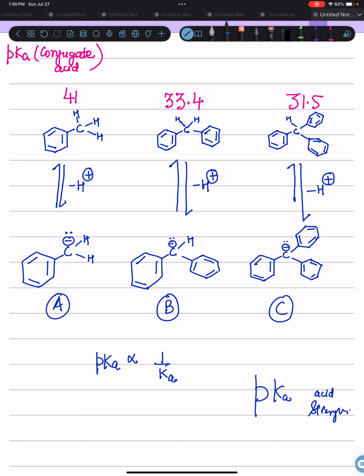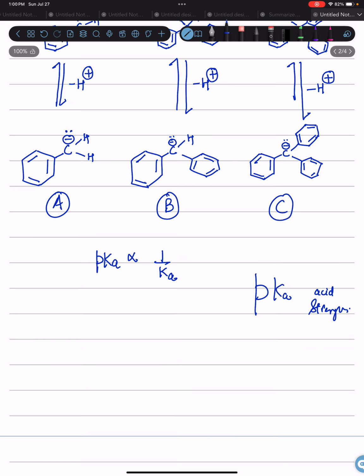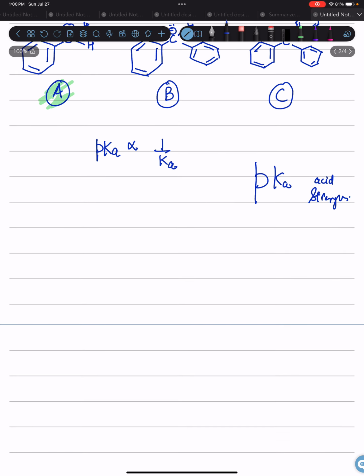So looking at A, we know that this carbanion has the carbon bearing the negative charge in conjugation with the ring. This charge is in conjugation with the ring electrons. They are all in the same plane, so they can get delocalized.